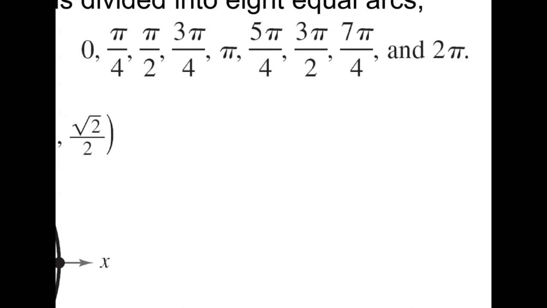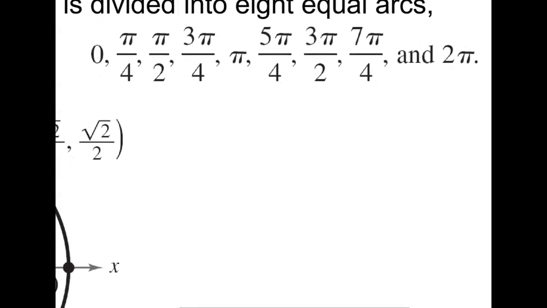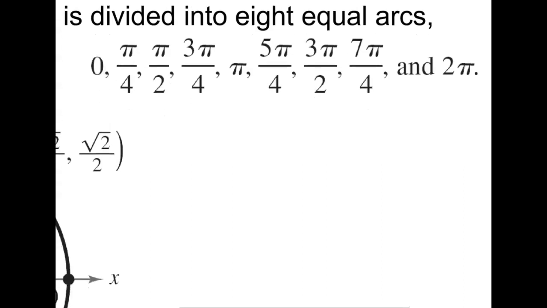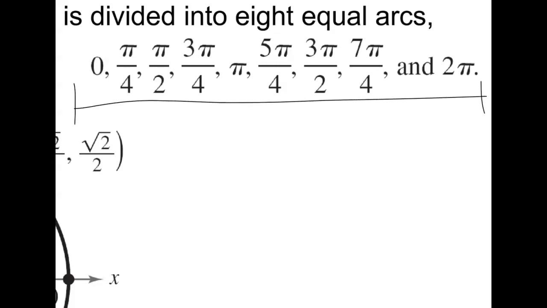And I just want to point out that if we were to just have a number line that started at 0, and this was pi over 4, and the last one was 2 pi, let's say that.